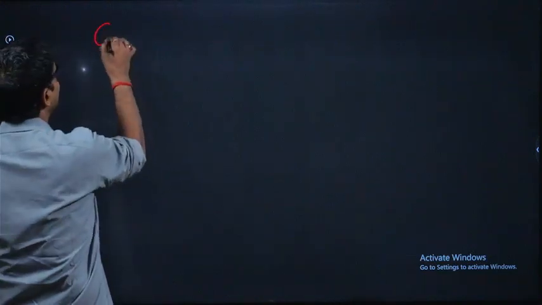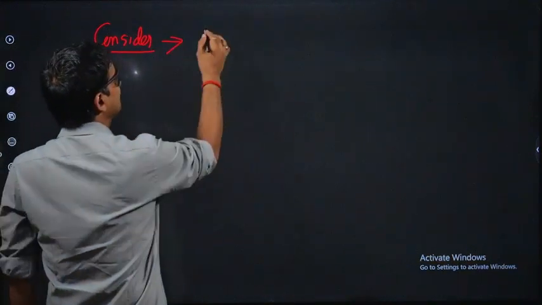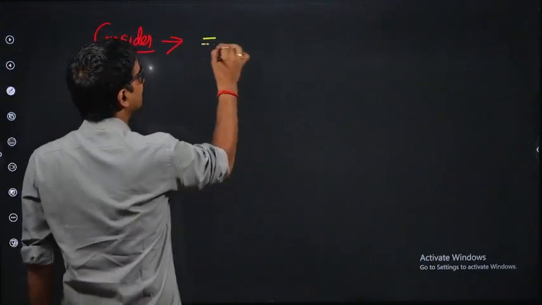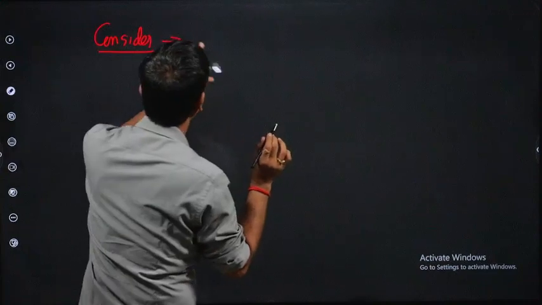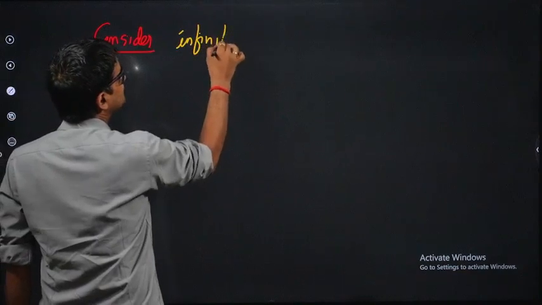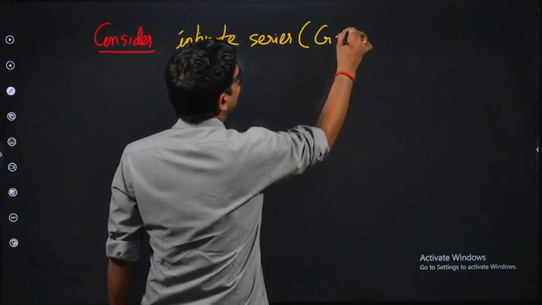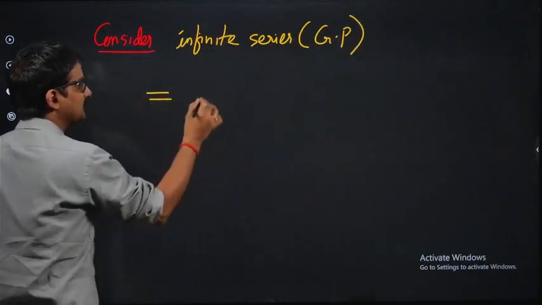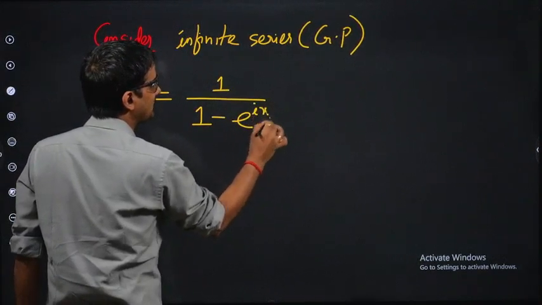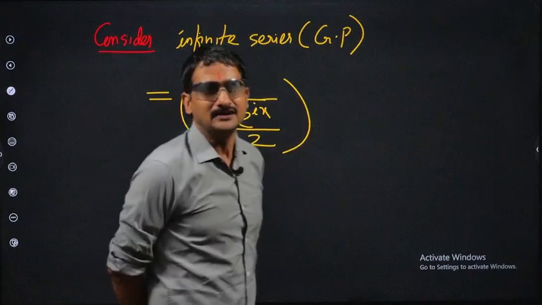So let us consider the infinite GP, the same which I wrote on the previous slide, whose sum is nothing but 1 upon 1 minus e raised to the power iota x by 2. I think all of you agree.